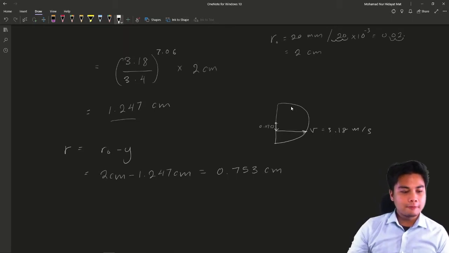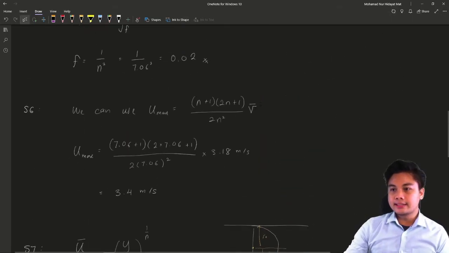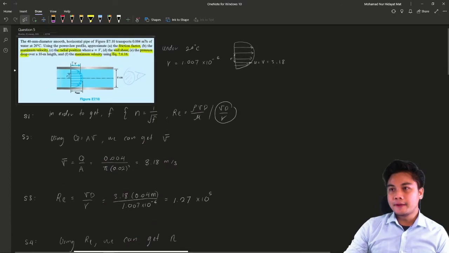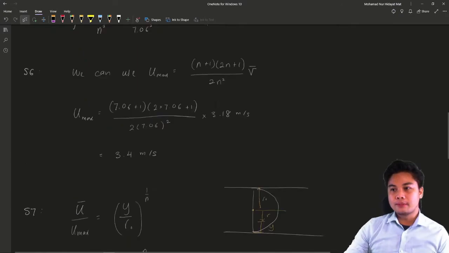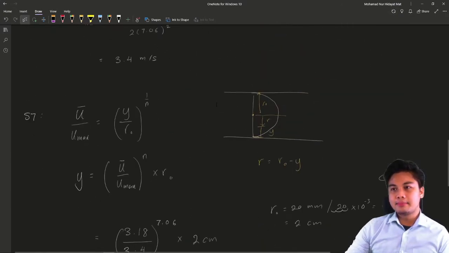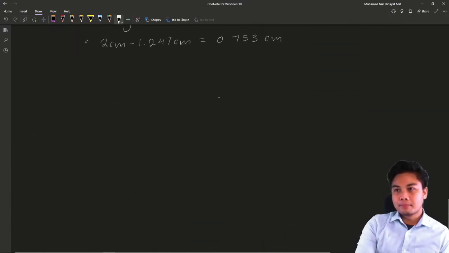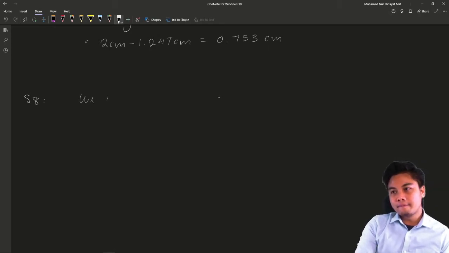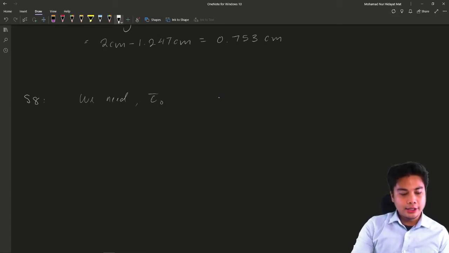After we get the radial position, next we need to find the wall shear stress, which is tau naught. This is step number 8. We need to find the shear stress tau naught using this equation.